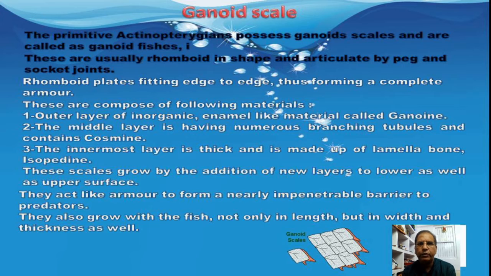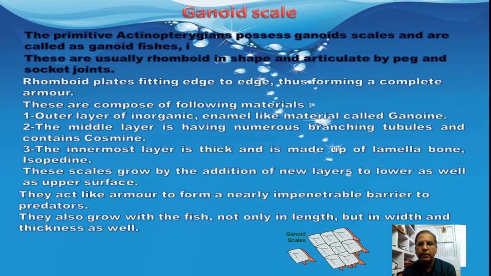They are composed of three layers: the outer layer is an inorganic enamel-like material called ganoine. The middle layer is made up of numerous branching tubules containing cosmine, and the last inner layer is thick and made up of lamellar bone, that is, isopedine.